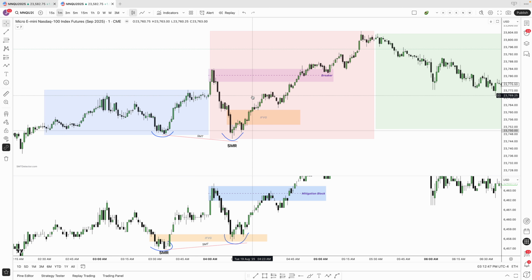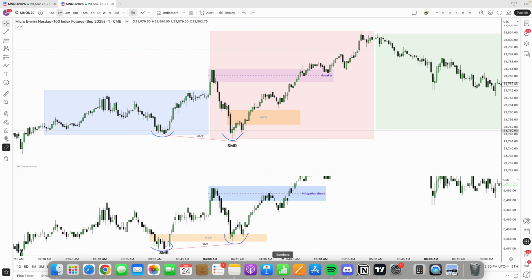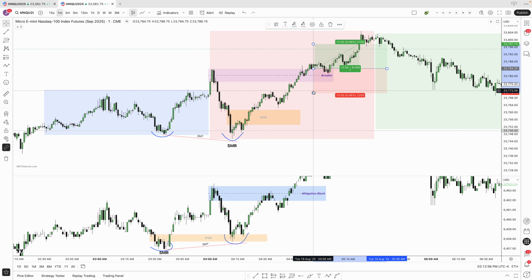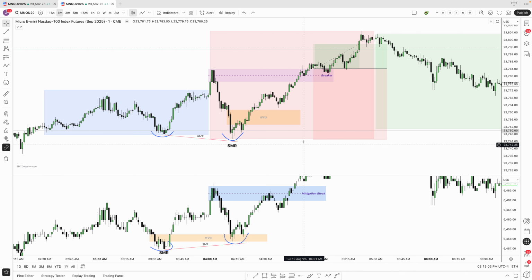Okay? So, because technically if you go long here, you still have to respect your stop loss and put it down below the SMR. Okay? Because this is the SMR. This is the smart money reversal, low risk buy. Like this is all the same phase.